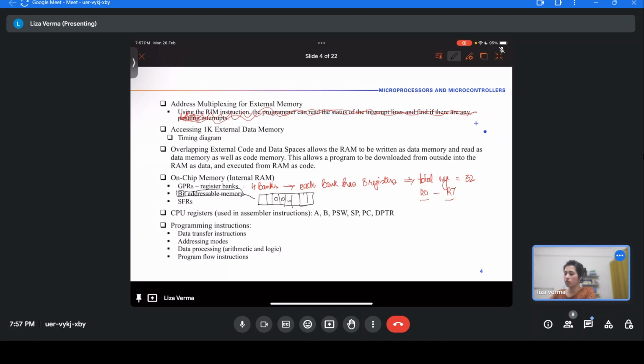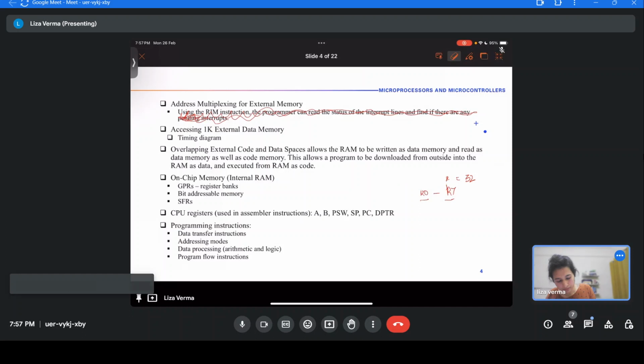Total number of SFRs? 21. Okay. So, total are 21.